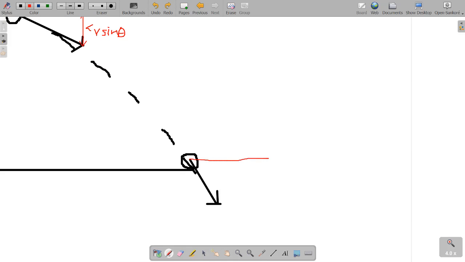It's supposed to be like this. I'll erase this and draw the new force.